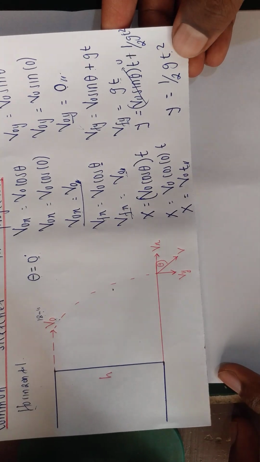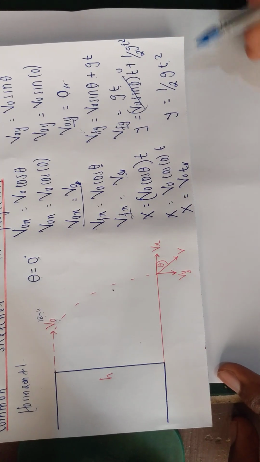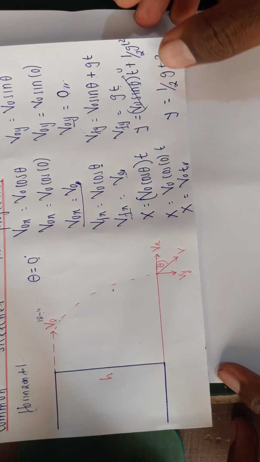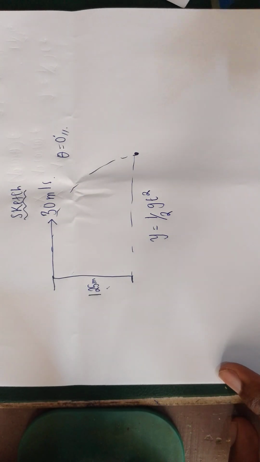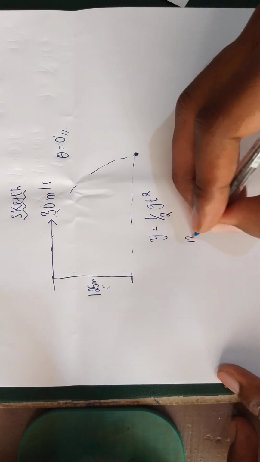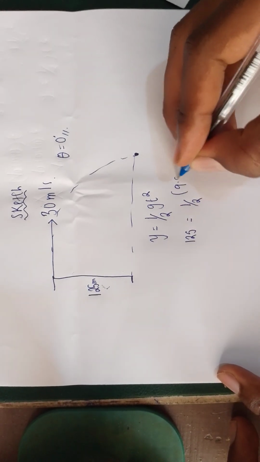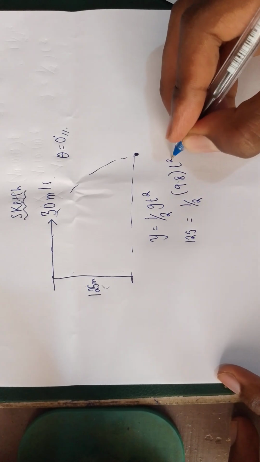Again, it's just a simplification of the equations that we got in the previous video, and we got 1 over 2. This is only applicable for horizontal projectile motion. So you'll say where there is y, it is 125, equal to 1 over 2, the gravity is 9.8, and this will be t squared.